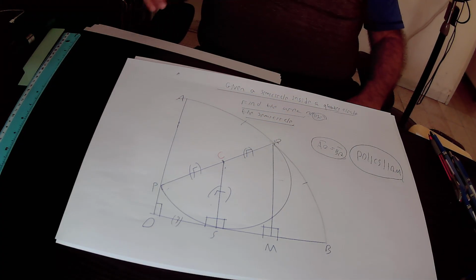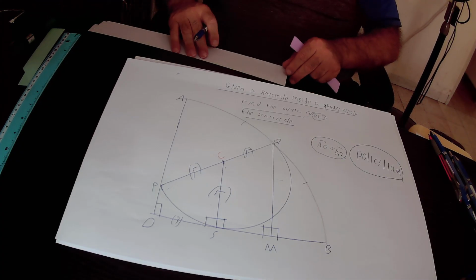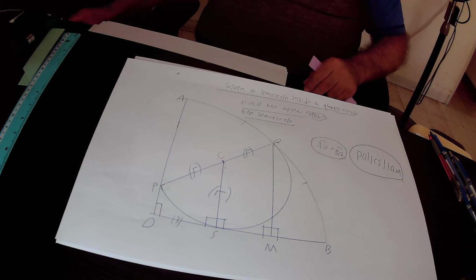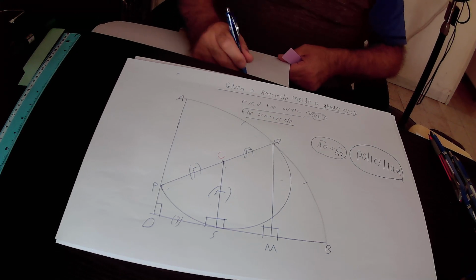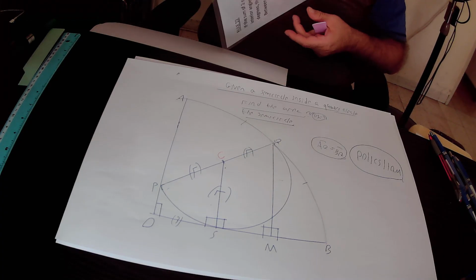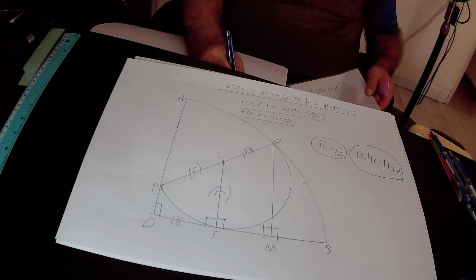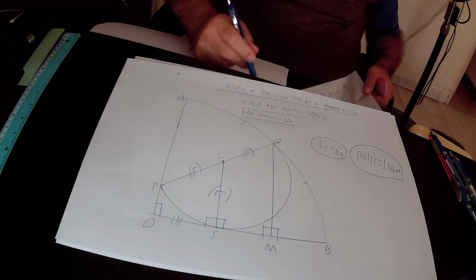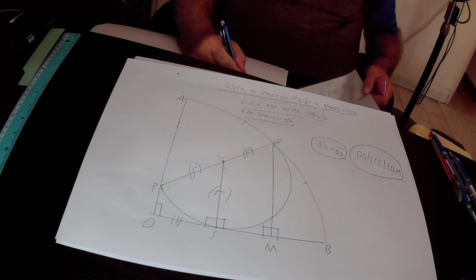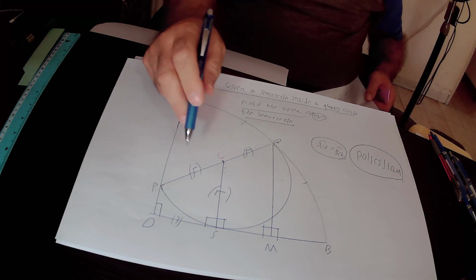So write it down. According to Thales theorem, PC over CQ equals OS over SM.